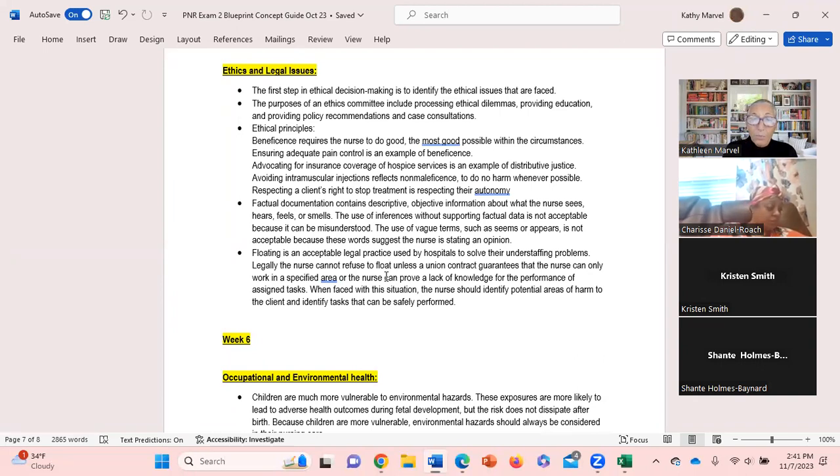So it's recommended that you identify the potential areas of harm that you cannot do, and identify what you can safely perform. The reason this bullet is in there is because there are some questions on this exam with regards to delegation. Okay? So, anybody have any questions about that?